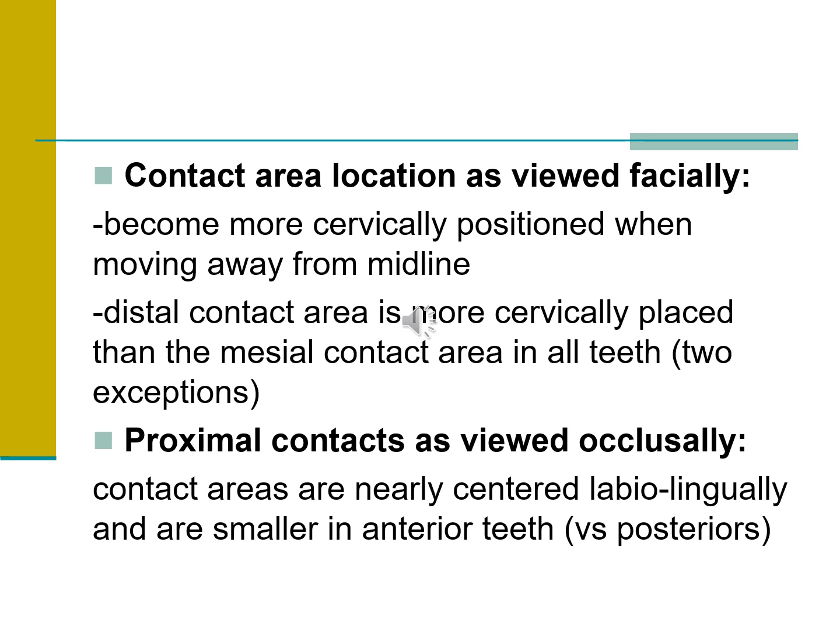While going to posterior teeth, you will see broader contact areas, and they don't seem to be bisecting or in the center. Compared to the anterior teeth, the posterior contact areas are placed more buccally than lingually.